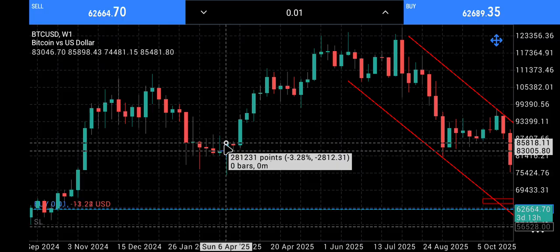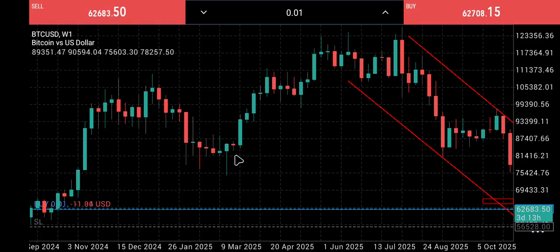So you can see that the total price movement in this one candlestick formation was 1,812 pips.